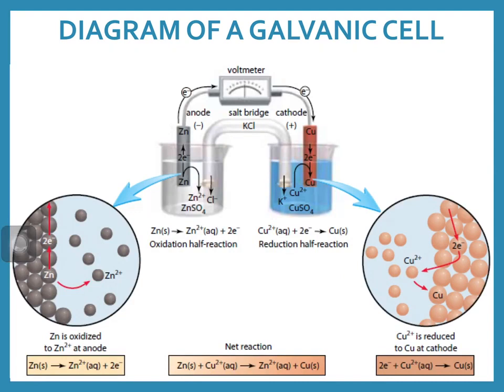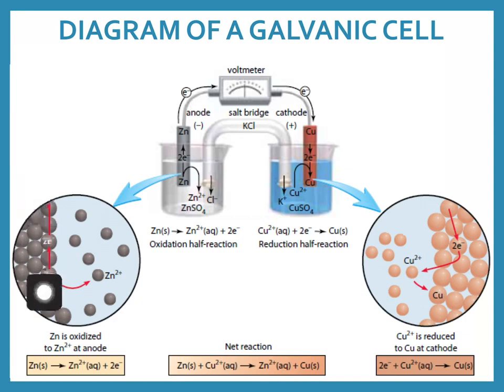So over here, we'll look momentarily to determine which direction electrons flow in. Right now, what we can see is electrons are flowing from zinc over to copper. So zinc is going to release 2 electrons along the wires, and those are going to travel over to the copper.